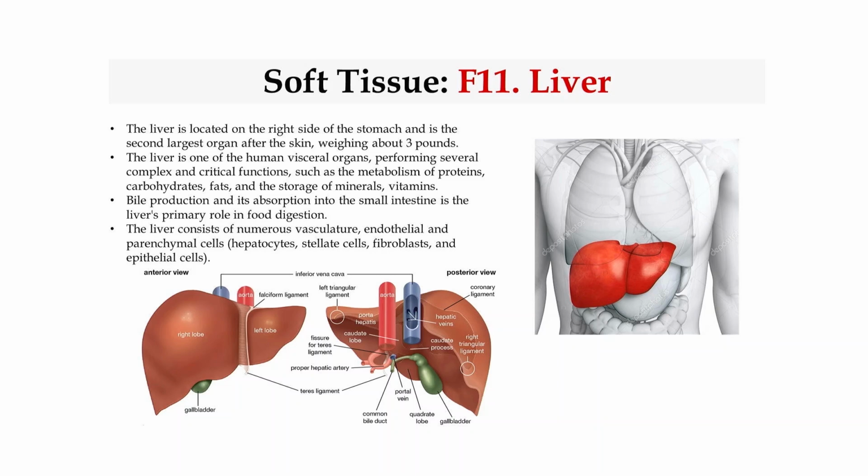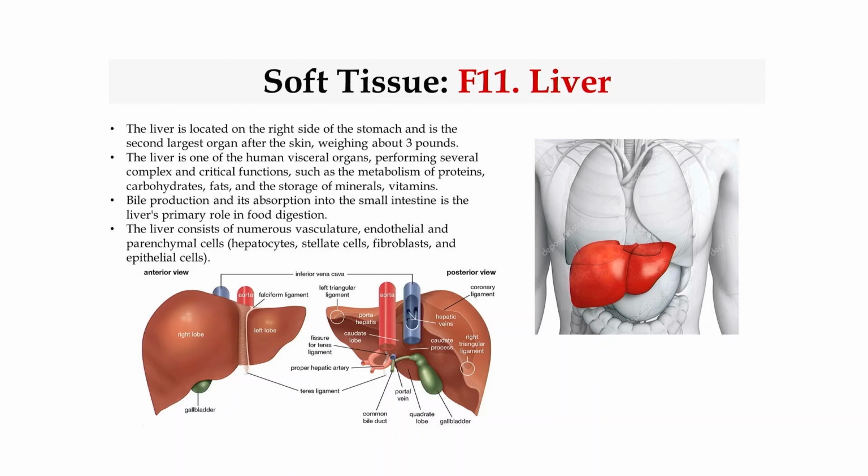The liver consists of numerous vasculature vessels, like blood vessels and all sorts of vessels, endothelial and parenchymal cells like hepatocytes, stellate cells, fibroblasts, and epithelial cells. These are different biological terms out there, right?